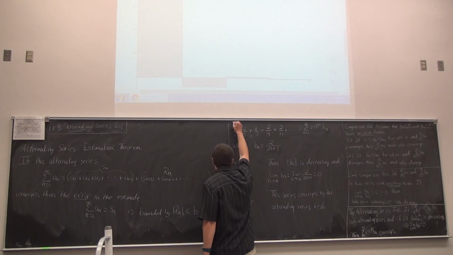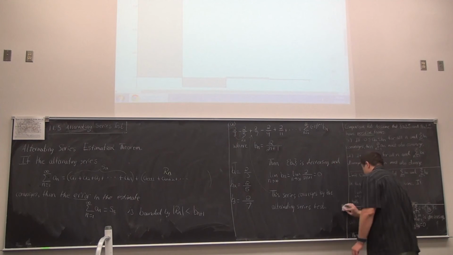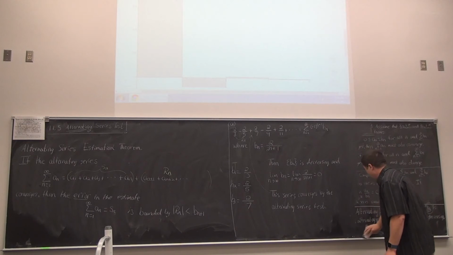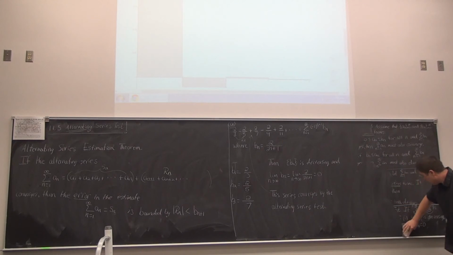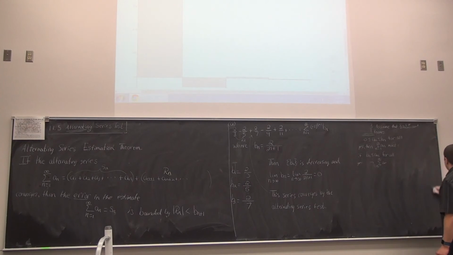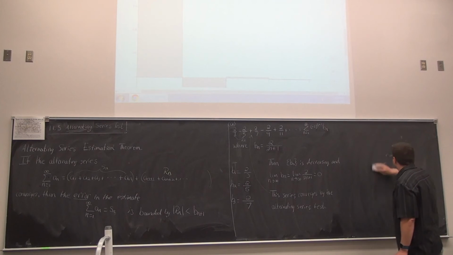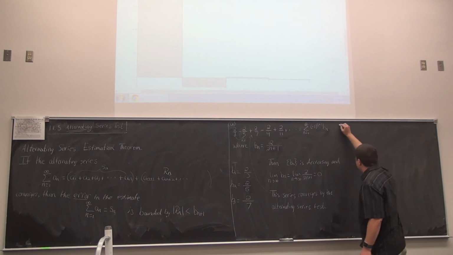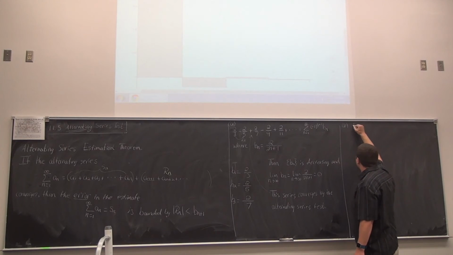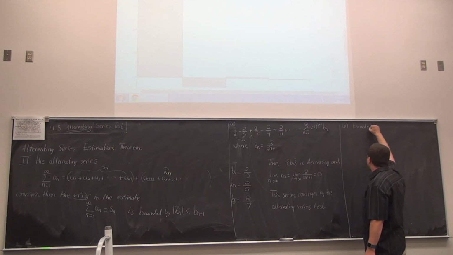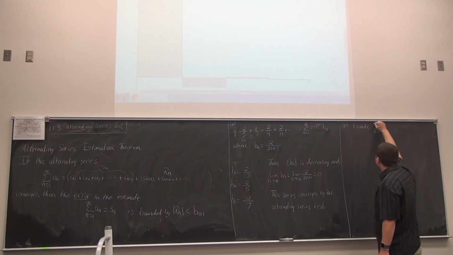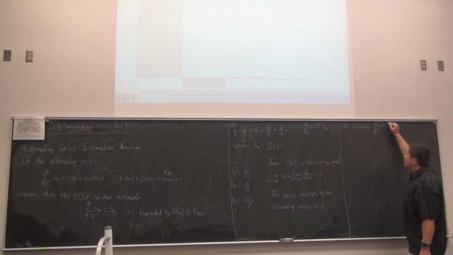So let's call this part A of one large problem. We have a shiny new theorem, and that will be our part B. So this part B now says, estimate the sum as n goes from 1 to infinity of negative 1 to the power of n plus 1 times 2 over 2n plus 1.